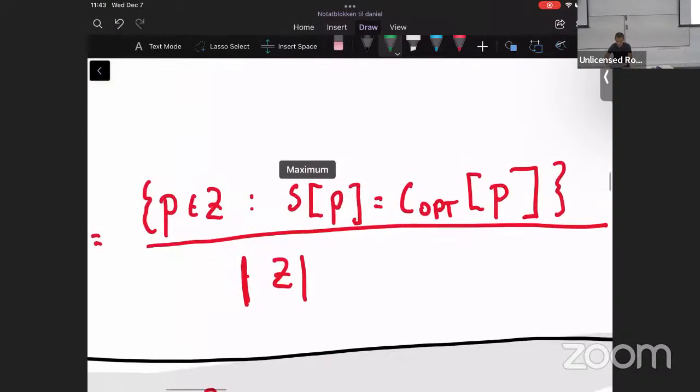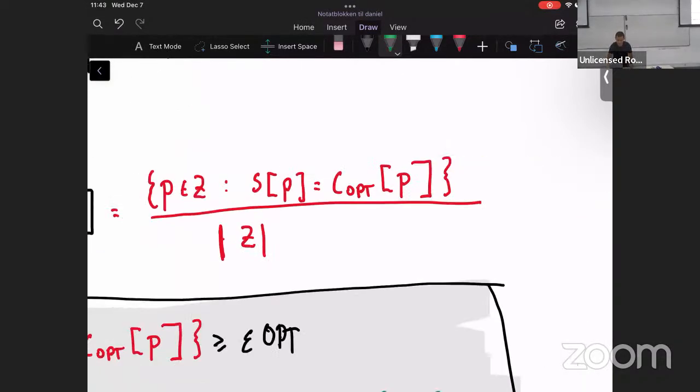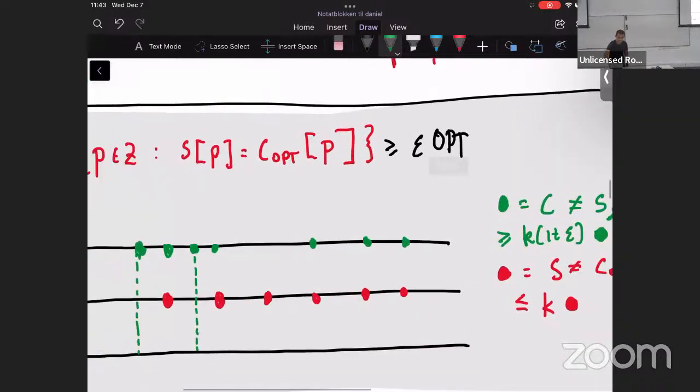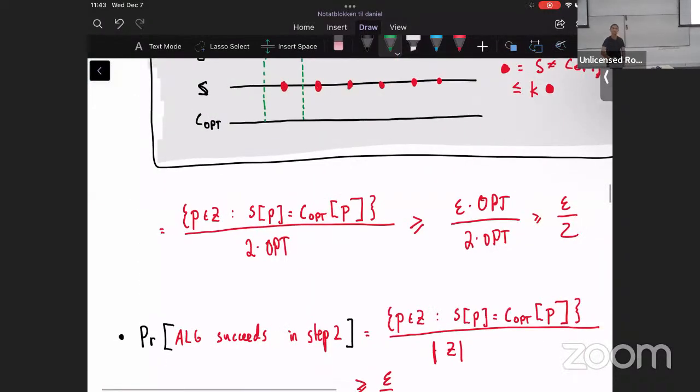We're counting the number of good positions. So the numerator we now said was at least epsilon opt. And I'm now claiming that the denominator Z, the set of positions where C and S differ, in the first step is at most 2 opt. Why is that true?